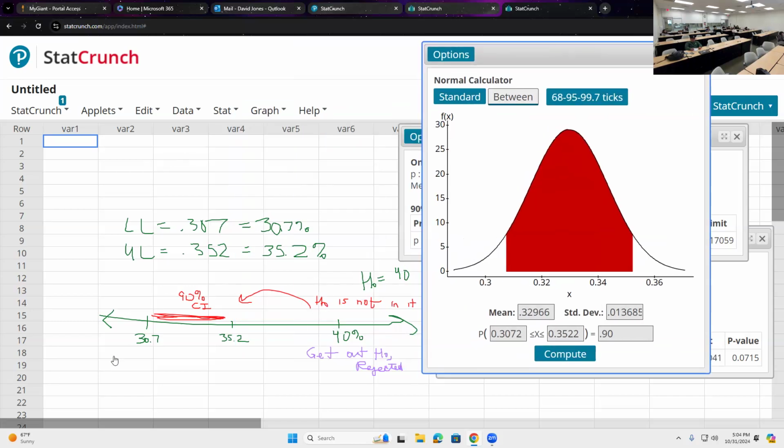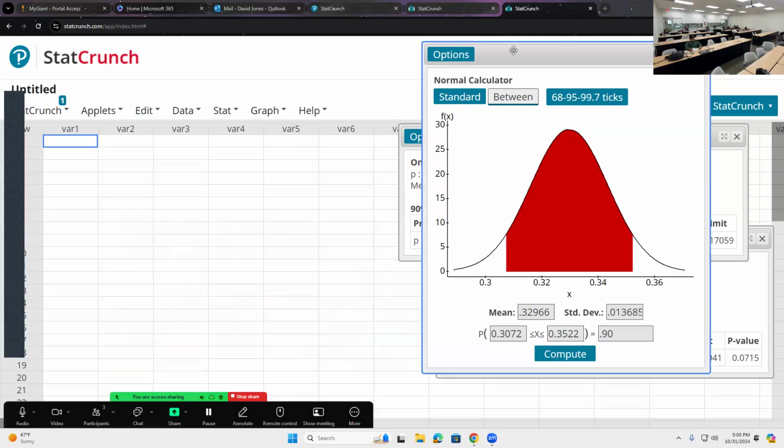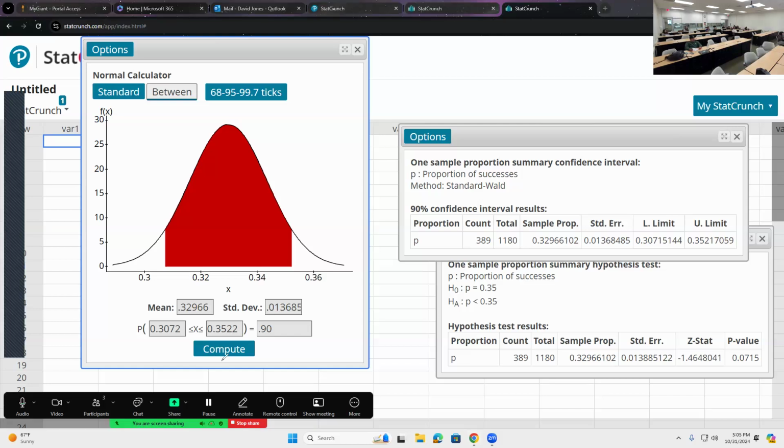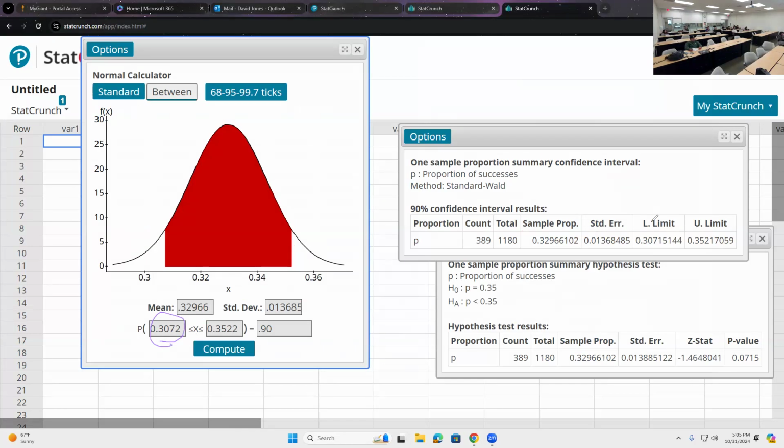Let me clear that writing real quick. Notice we've got the 0.3072 here. If I rounded this to 4 decimal places, that matches.